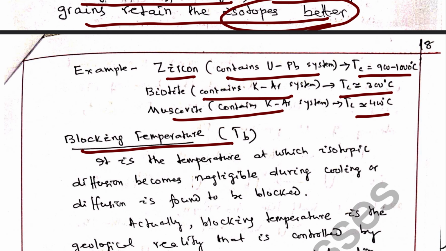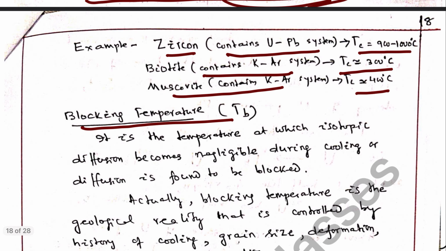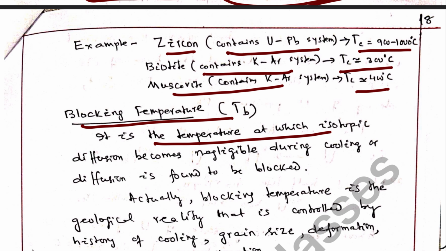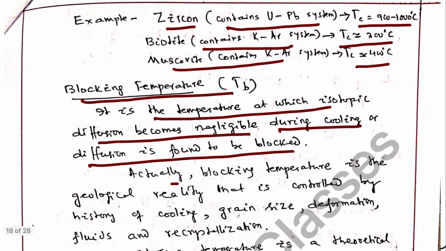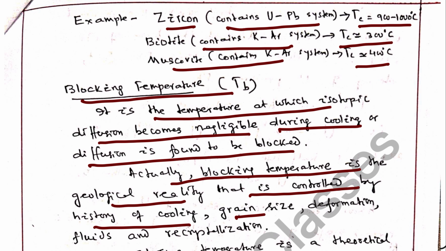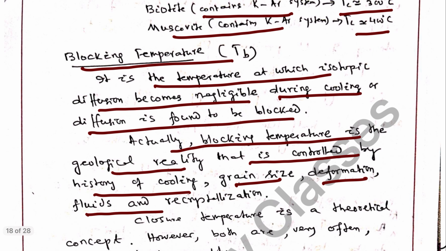Now let us discuss blocking temperature. What is blocking temperature, Tb? It is the temperature at which isotopic diffusion becomes negligible during cooling, or diffusion is found to be blocked. Actually, blocking temperature is the geological reality that is controlled by history of cooling, grain size, deformation, fluids and recrystallization.